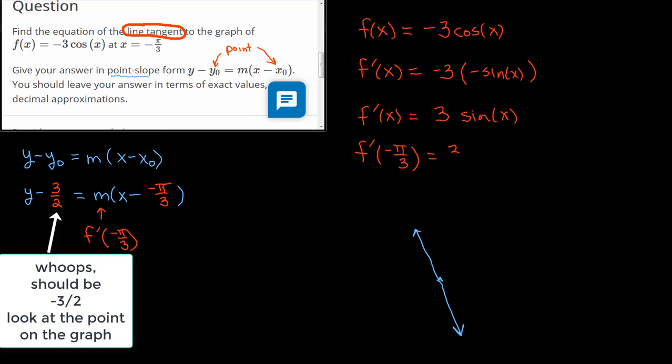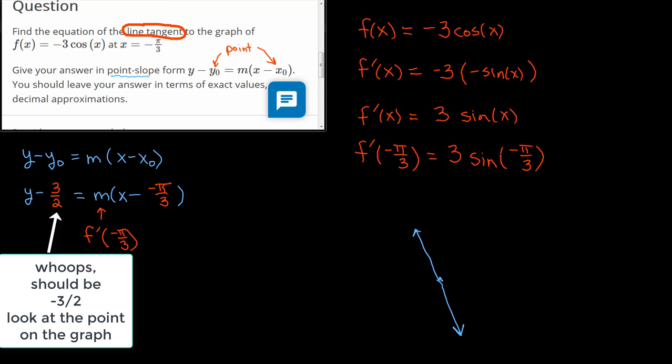So that's going to be 3 times the sine of negative pi over 3. And now you can pause the video and think about what is the sine of negative pi over 3. I'm going to have to take a moment to think about it.